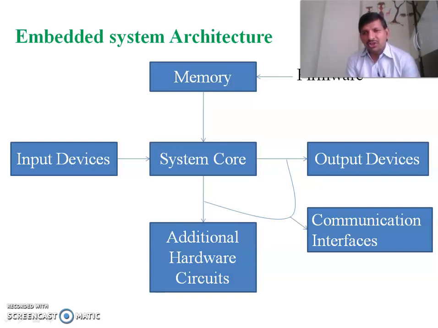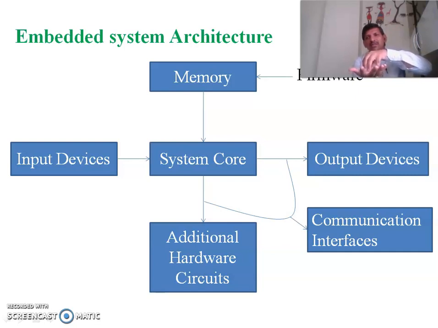Next, communication devices. Here communication devices are of two types. One provides communication within the printed circuit board. That means it transfers the data from one device to another device within the PCB. That type of communication we call on-board communication.